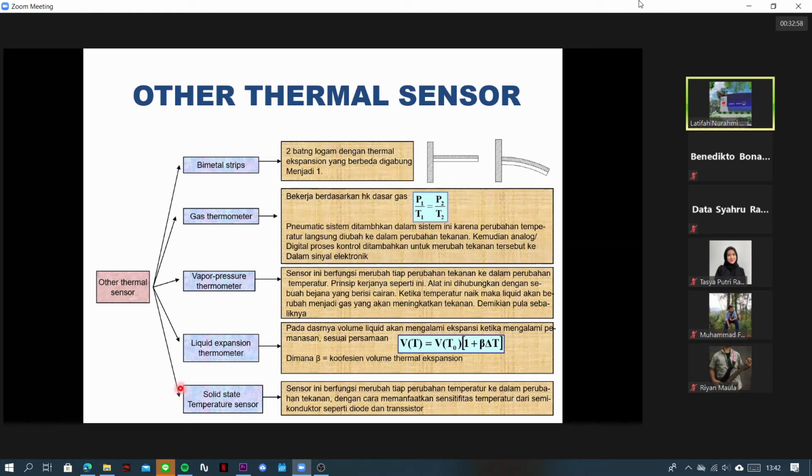So each form of thermal sensor has its own function and its own application. So mostly we use thermocouple or thermistor or RTD, mostly because our applications have very high temperature.